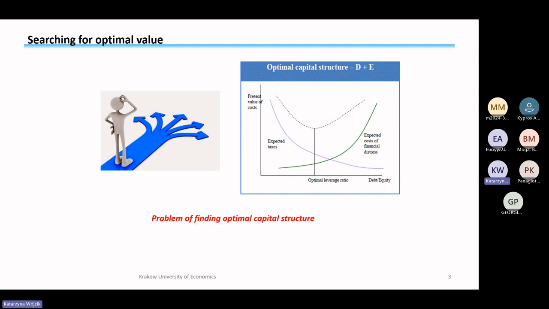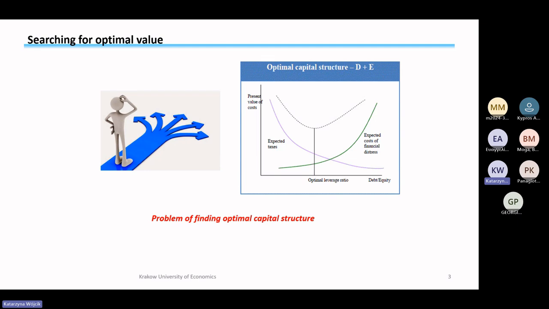So when we are facing some decisions, while searching for an optimal value, here we've got the example with a capital structure. We've got here two criteria: taxes and cost of financial distress.